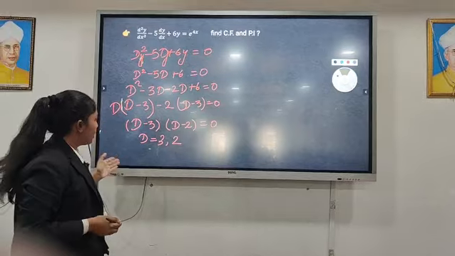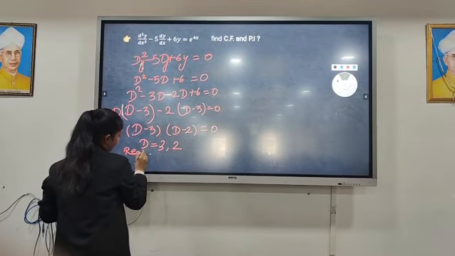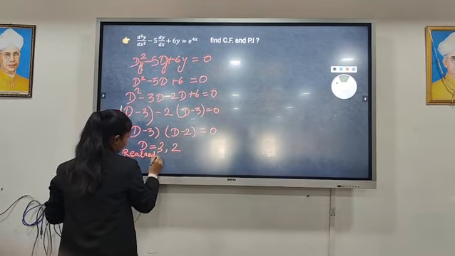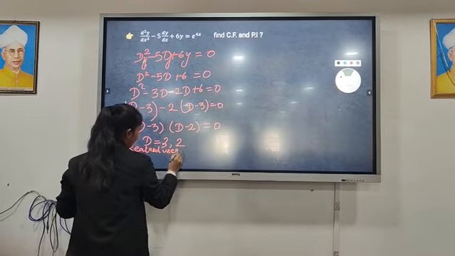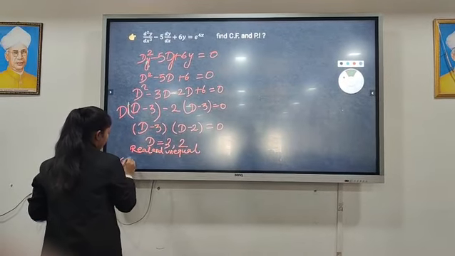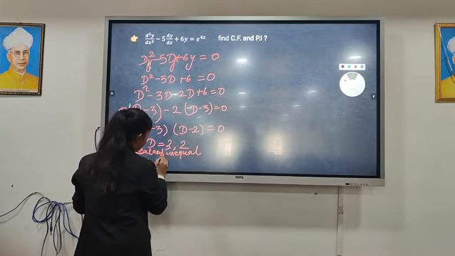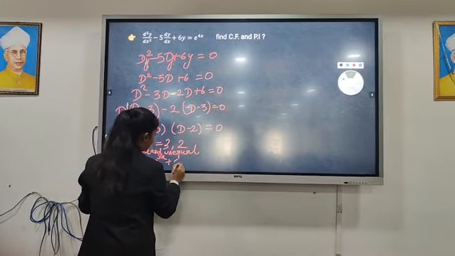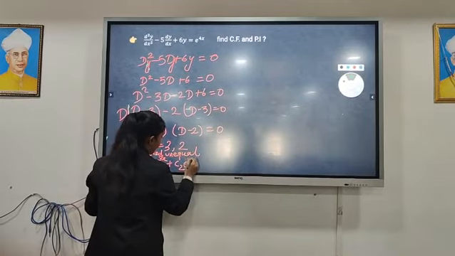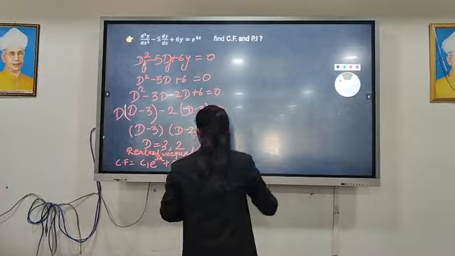Here the roots are real and unequal. So the equation of the complementary function will be c1 into e to the power alpha x, that is 3x, plus c2 into e to the power beta x, that is 2x. Here is the equation of complementary function.